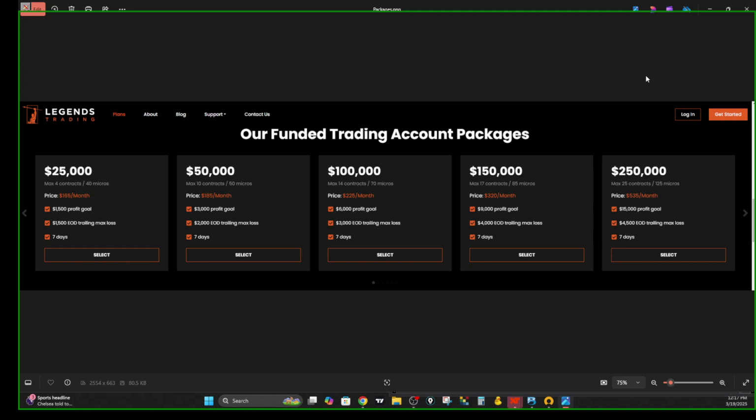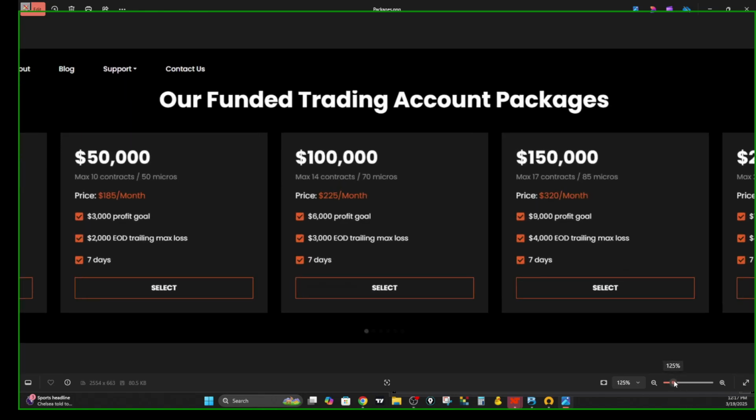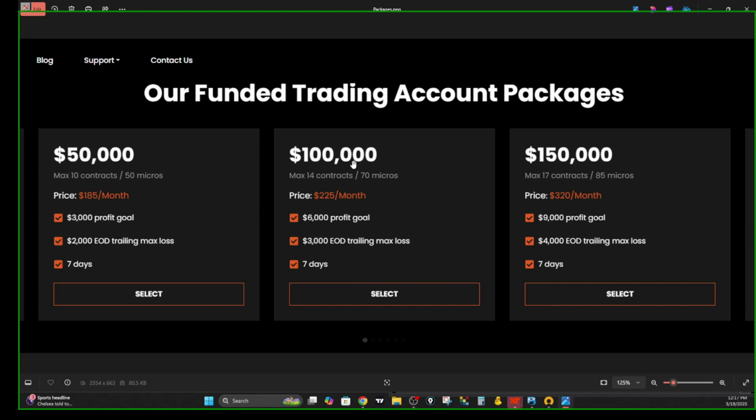There is no downside. They are taking all of the risk. You get to keep 90%. Let's say if you're using Legends Trading, 90% of your winnings. Let's focus in on a $100,000 account.